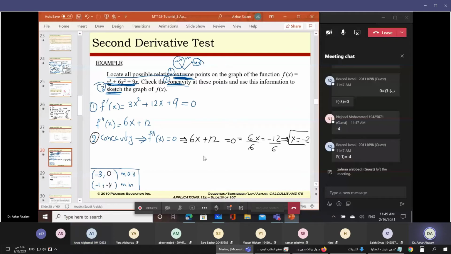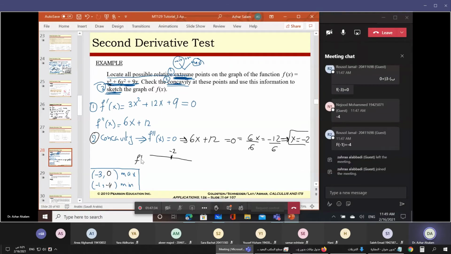I have to check the sign of f double dash at the left and at the right of this point, okay? So I indicate the point minus 2 and check the sign of f double dash. I choose any number less than minus 2 and substitute here to know the sign only.